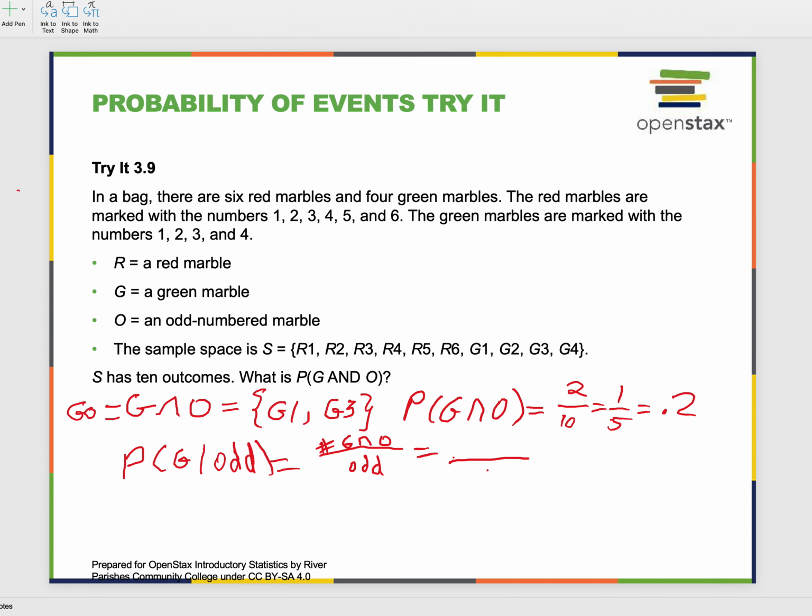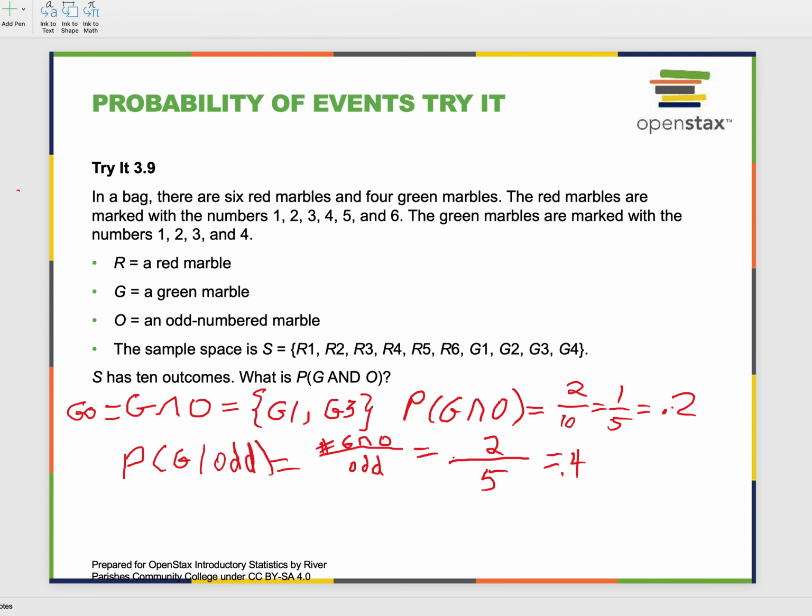There's 5 of those. How many ways can I get green and odd? We said there's 2. So 2/5 or 40%. So it's twice the probability of that. The probability of just getting green and odd is getting G1 and G3 out of all 10 of those things.